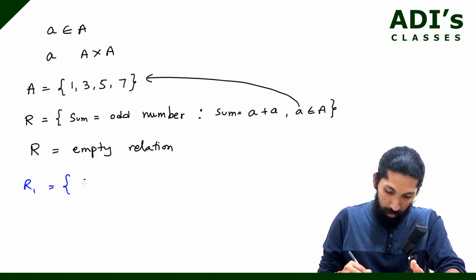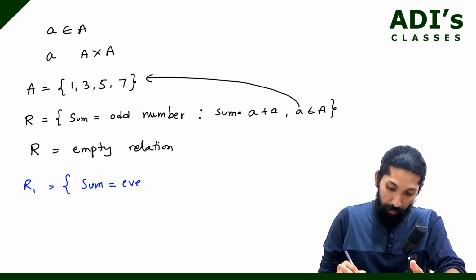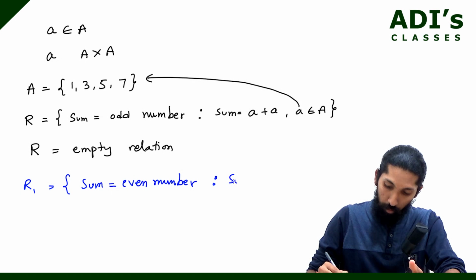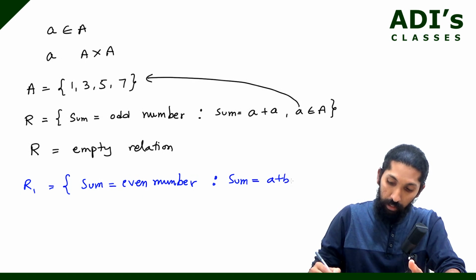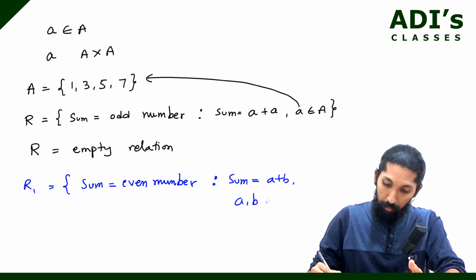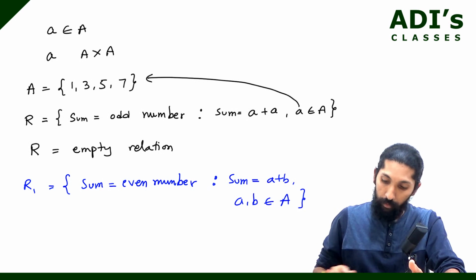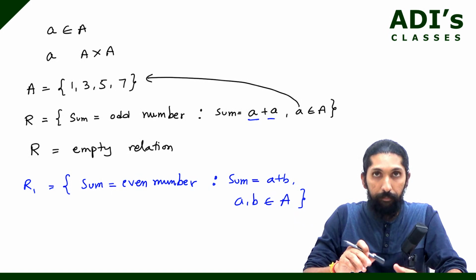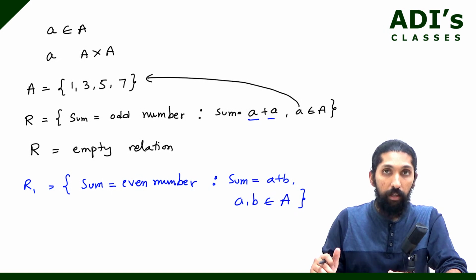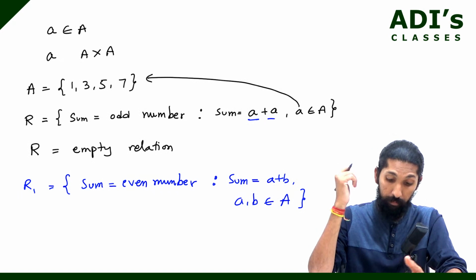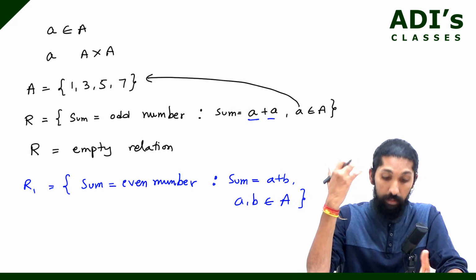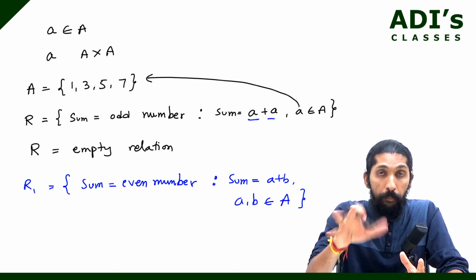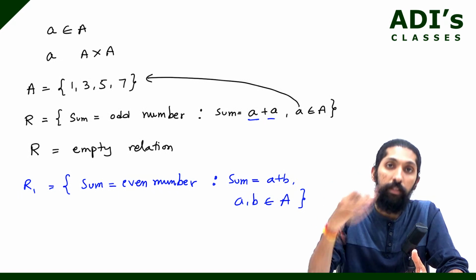R1 is equal to sum is an even number, such that the sum is equal to a plus b, where a and b belong to A. Now here we did a plus a, that's basically 2a, isn't it? But here when you say a and b, both are two different numbers. It could be something like 1 plus 5, or 7 plus 3, 3 plus 1, whatever it is. Basically this relation has everything, correct?